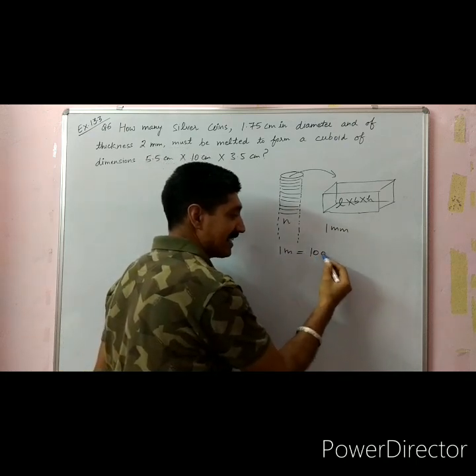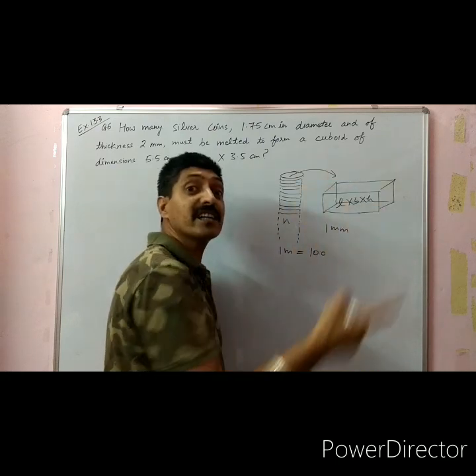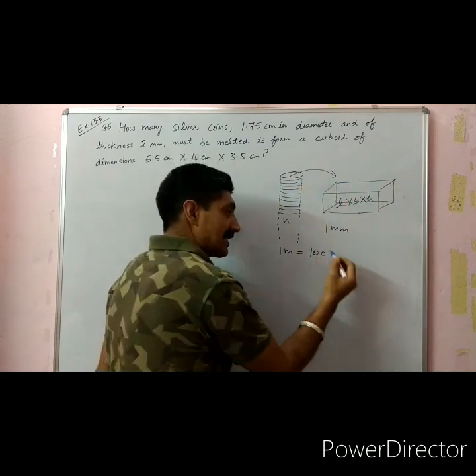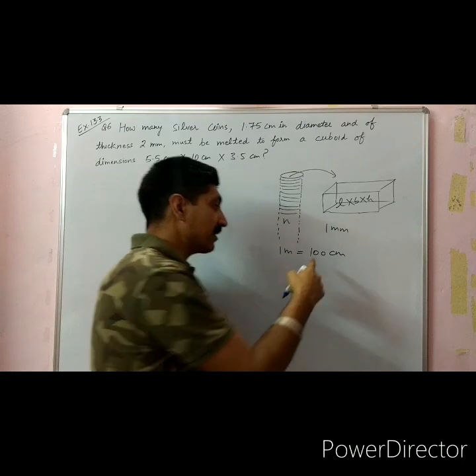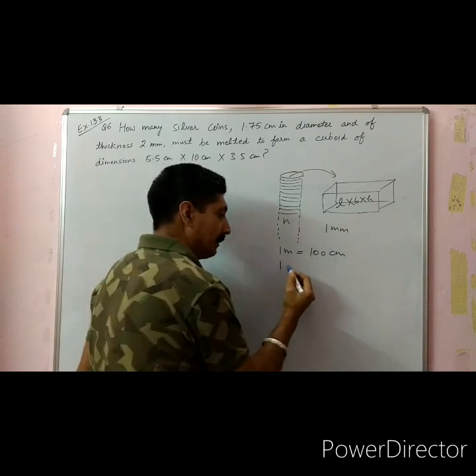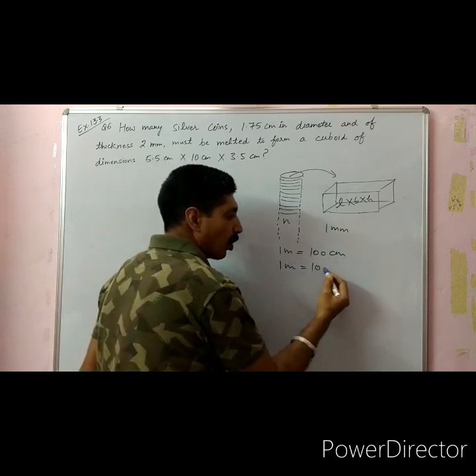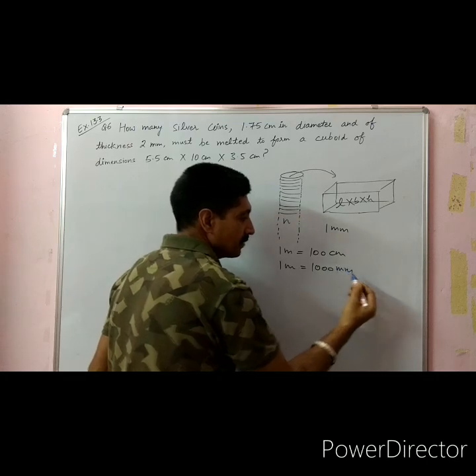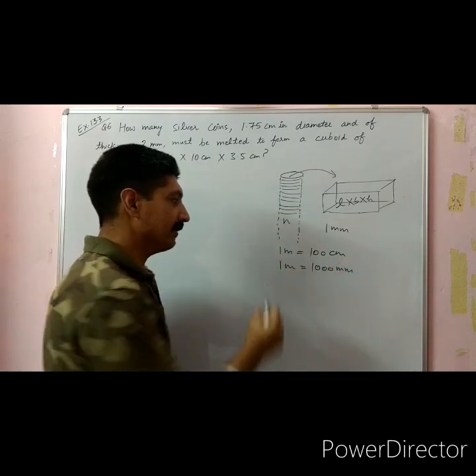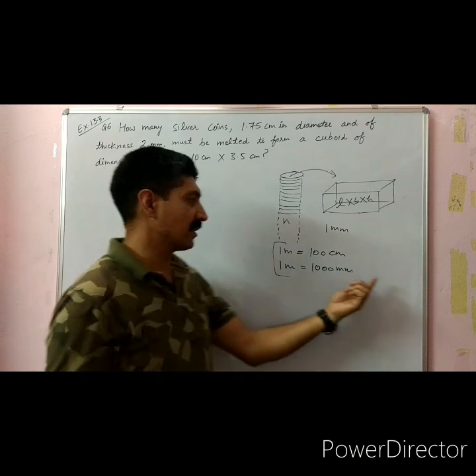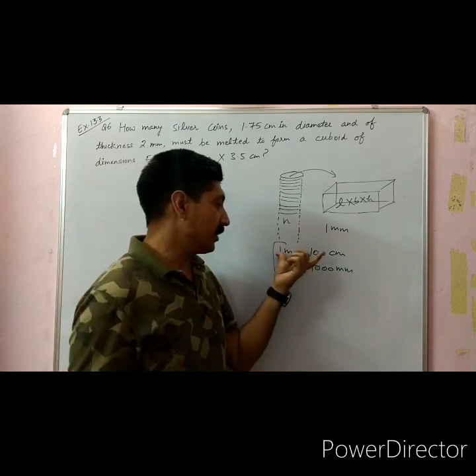Centi means 1/100th part of the meter, and milli means 1/1000th part. So I hope you are very clear. We have discussed these units in the smaller classes.